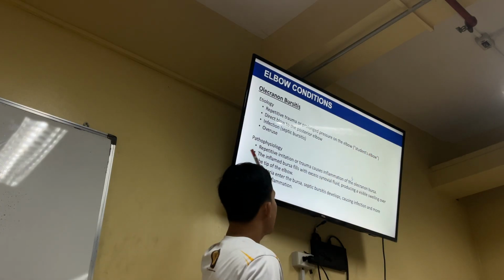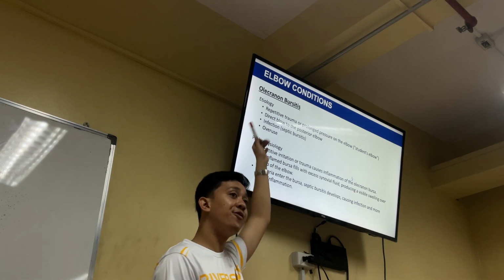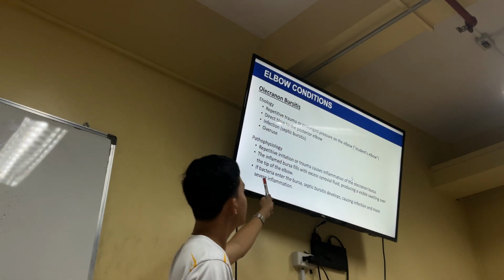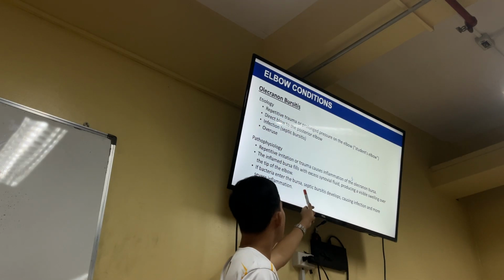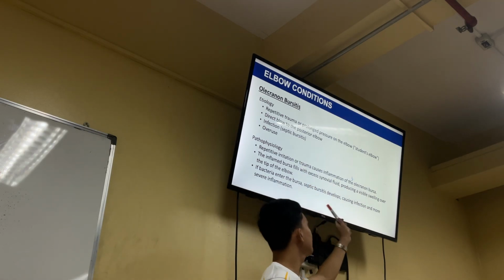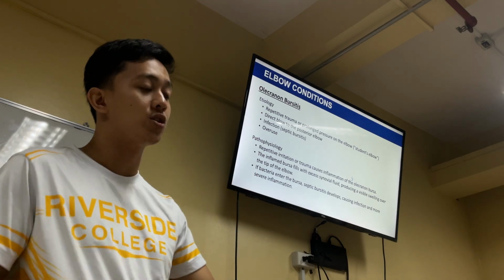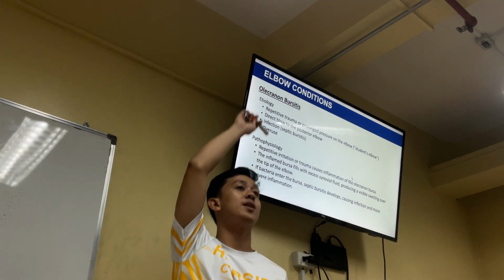That's why there will be a goose hand appearance or inflammation of your bursa. If the cause is bacterial, the infection goes to the bursa and septic bursitis develops, which can cause infection and more severe inflammation. That's why this is under septic bursitis.